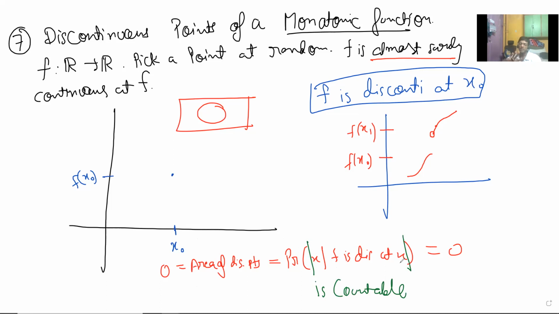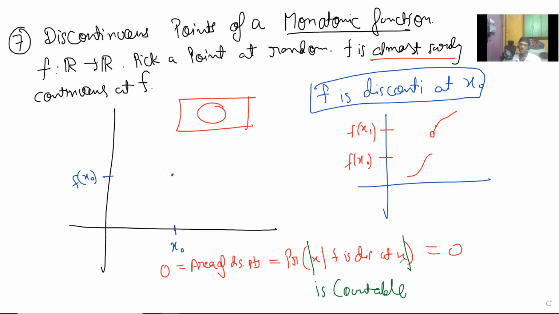If you can show that the set of points where f is discontinuous is countable, you can list them, then you can certainly show the area is 0. You can show the area smaller than anything, right? We had done like the natural numbers have 0 area, rational numbers have 0 area, same reasoning, any countable set has 0 area. So if you want to show that the set of points where f is discontinuous is countable.